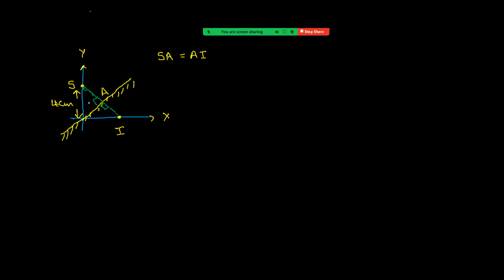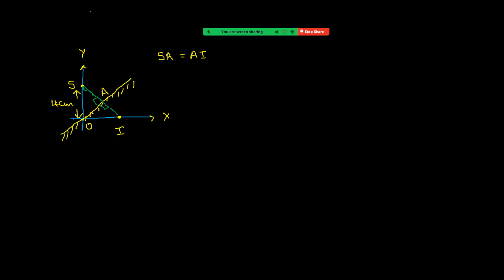Now you can see this is origin O. Triangles OAS, OAI, they are now similar triangles, right? Because SA equal to AI, and this AO common for both. That means SO should be equal to OI. Means this also equal to 4.